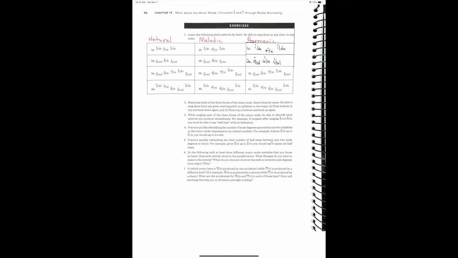Descending, do, ti, la, sol, fa, mi, re, do. And remember, the descending form of melodic scale is the same as the natural form going down. And harmonic, do, re, mi, fa, sol, la, ti, do, do, ti, la, sol, fa, mi, re, do.